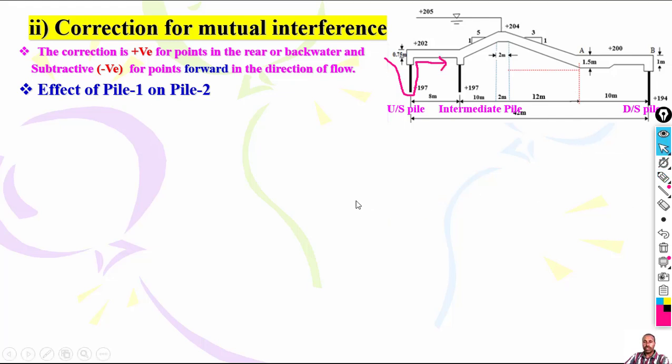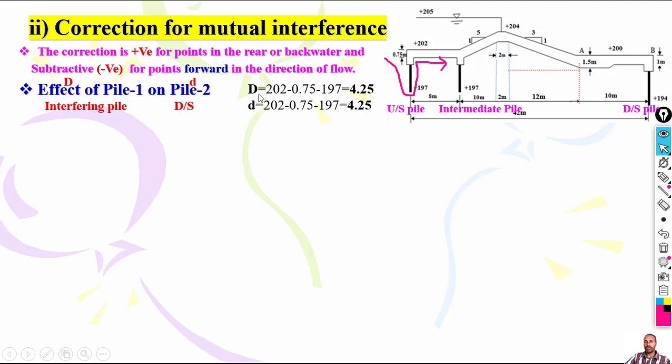You have to identify the interfering pile, for which you give capital D, and the pile to be affected, or the downstream one, which is small d. The flow direction is from the upstream pile to the intermediate pile, and we are going to compute the effect of pile 1 on pile 2.